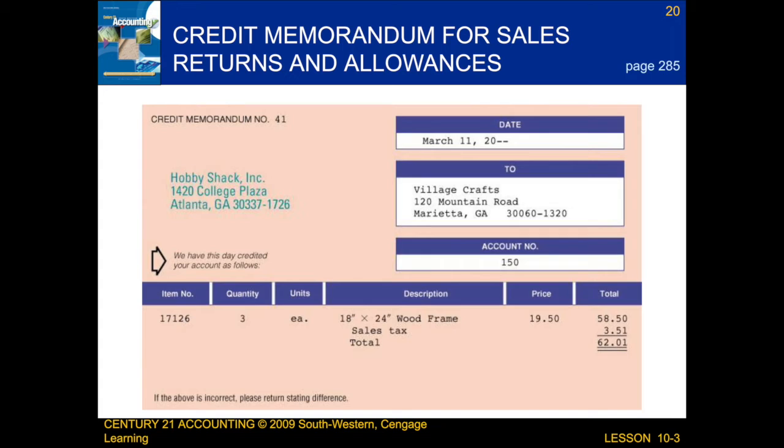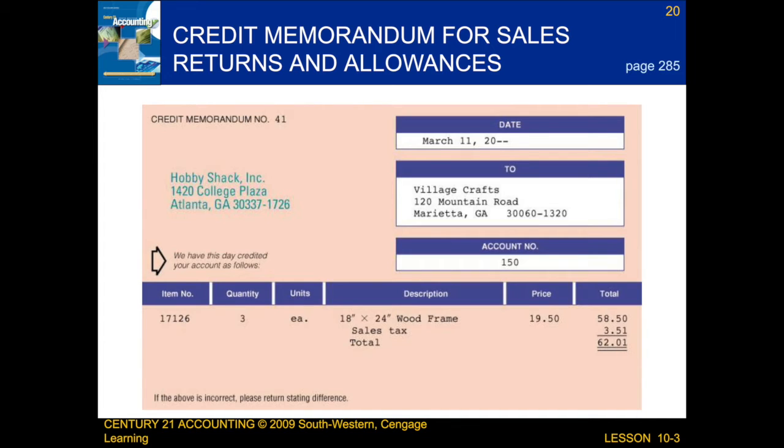It also says by the arrow, we have this day credited your account as follows. The date is March 11th. It's being sent to Village Crafts, and it shows us their address and where they're located as well, and the account number is 150. Below all of that, we have the item number, quantity, units, description, price, and total.